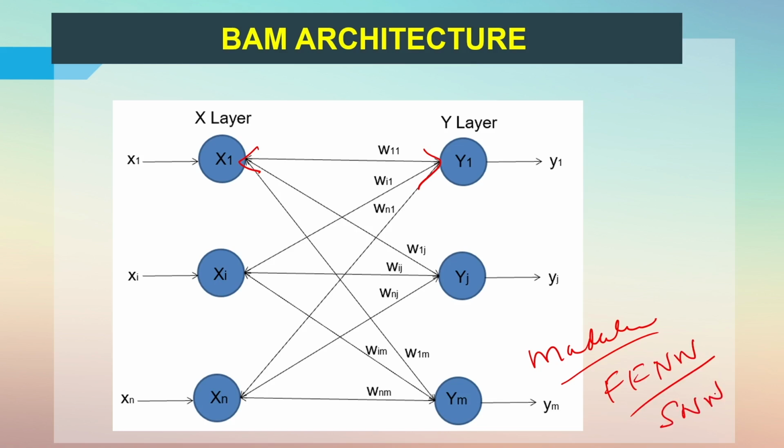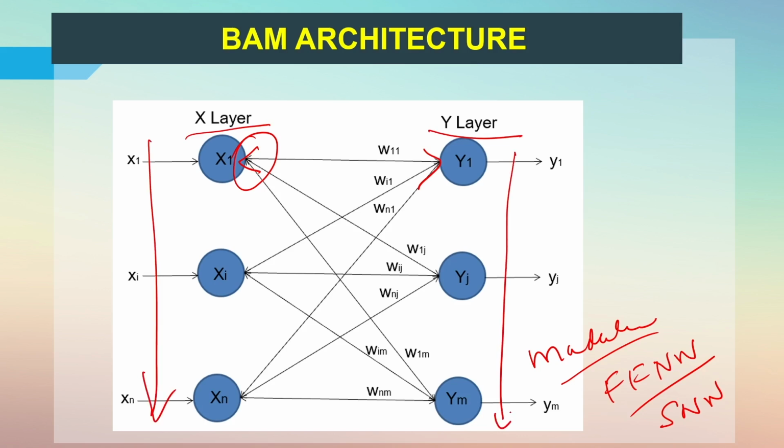But if you closely watch, there is a backward arrow here. The X layer is the input layer and the Y layer is the output layer, and here you give the set of inputs, and the same thing we give as outputs here.